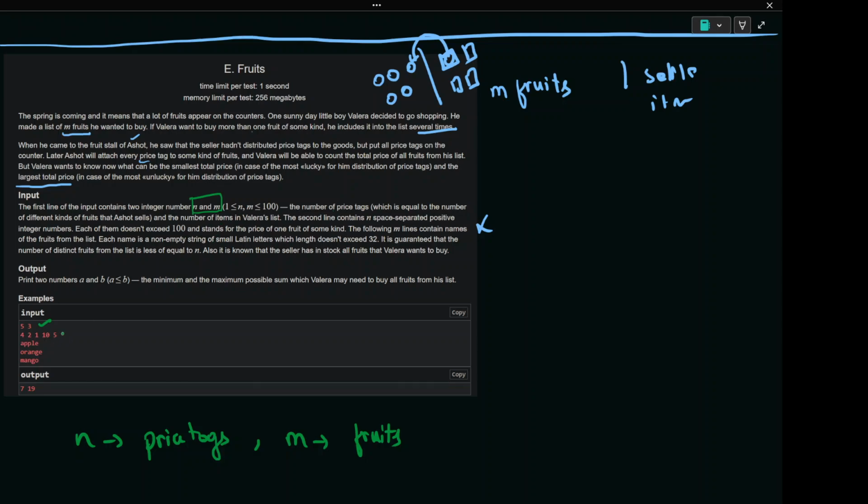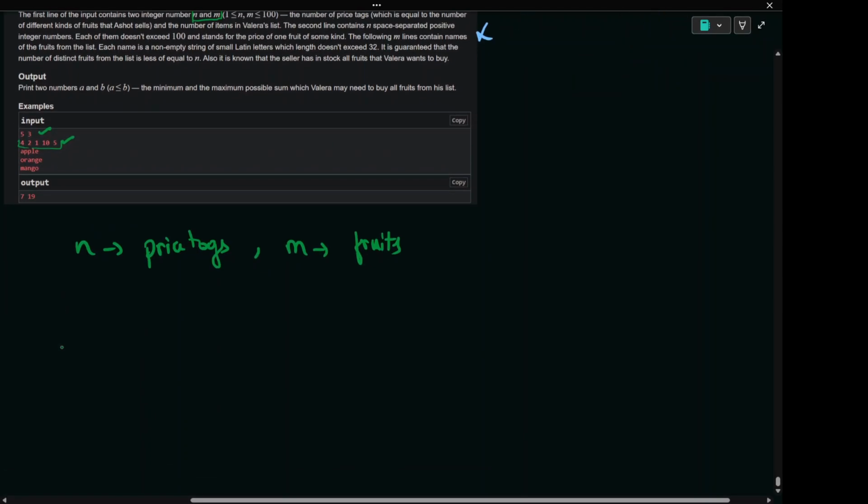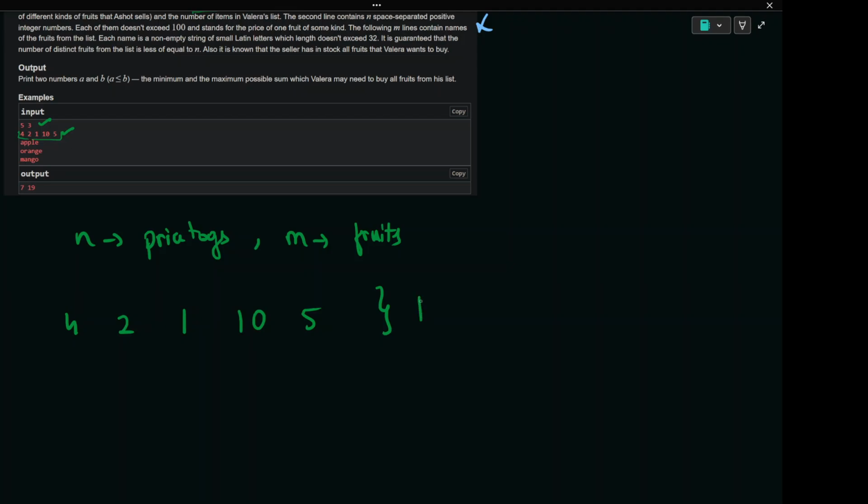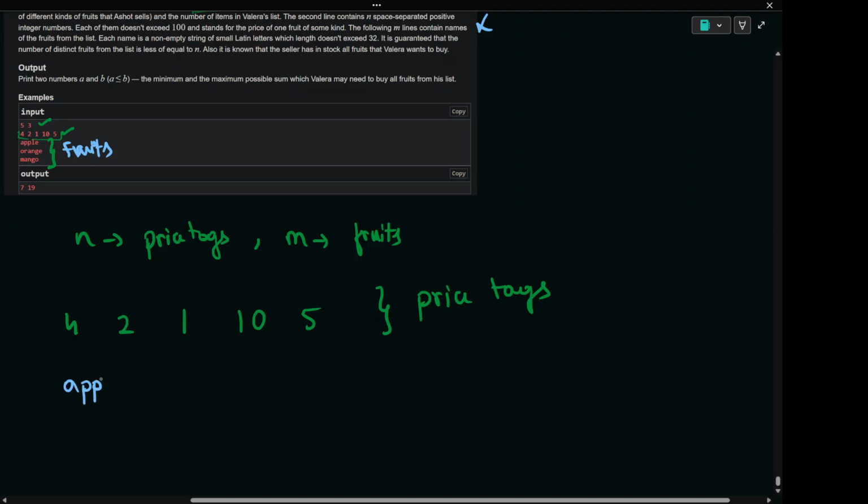Then this part is nothing but the price tags: 4, 2, 1, 10, 5. These are the price tags. And what are these? These are the fruits. Fruits are nothing but he bought an apple, an orange, a mango. Correct.